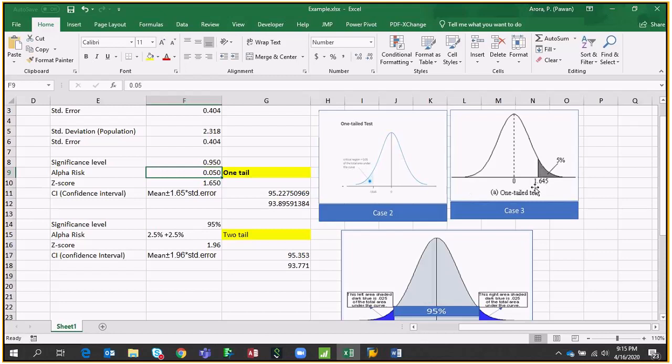This is the exact number which comes from your Z table for this 95% significance level. How do we get this 1.645? I am taking 1.65, but the exact number is 1.645. Now I want to show you the Z table, and I will tell you where this number is coming from.